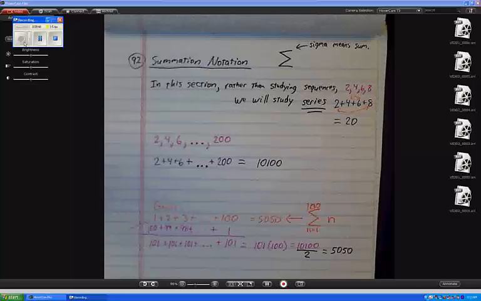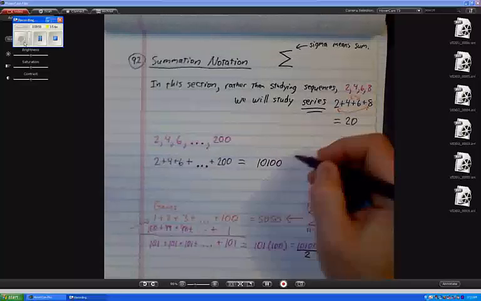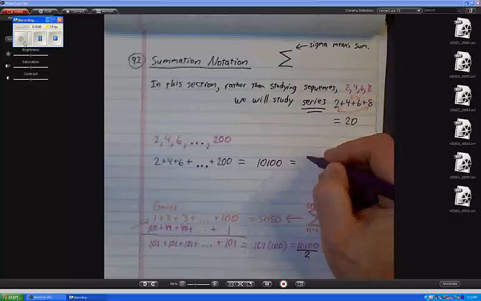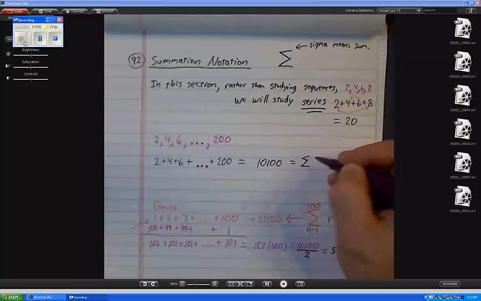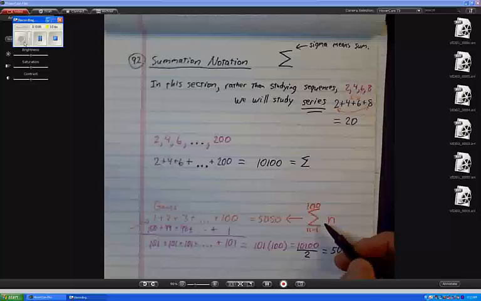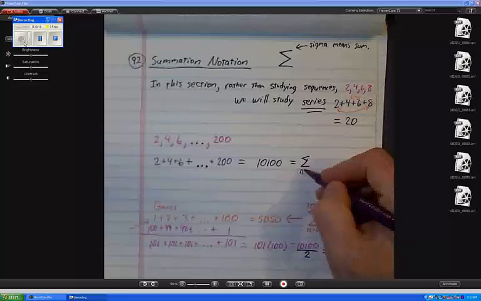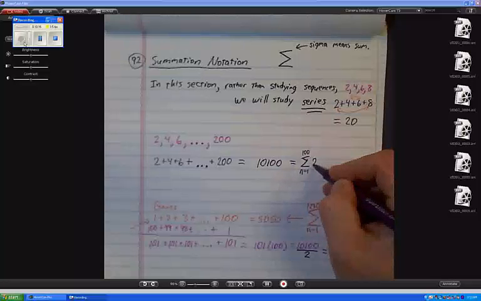So that's another way of writing Gauss's series. Here, let's try it here. This one, well, I'm not really adding n anymore. What I'm going to say instead, when n goes from 1 to 100, what I'm adding is 2 times n.